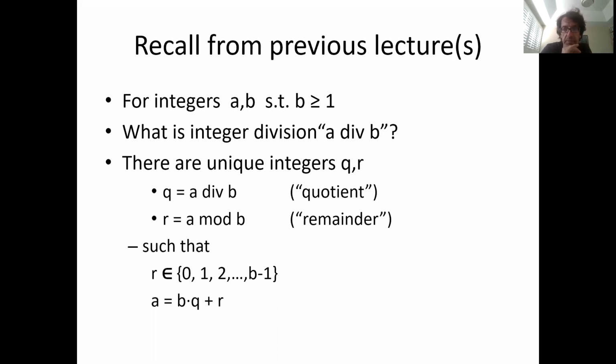The quotient is basically the floor of the rational division of a divided by b, and the remainder r is the remainder of that division.